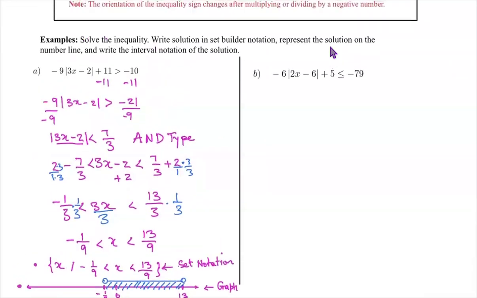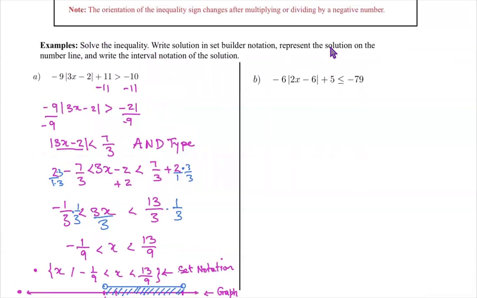Let's see the next example here. Same thing, we're going to try to isolate the absolute value by subtracting 5 on both sides. Negative 6 absolute value of 2x minus 6 is less than or equal to negative 84.